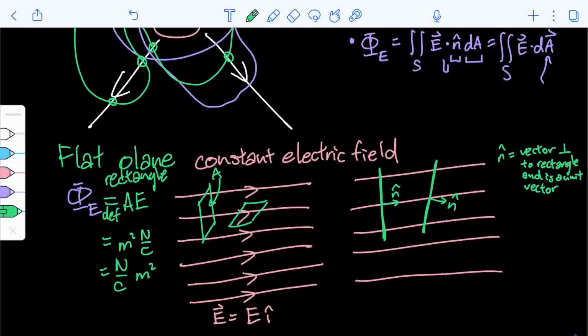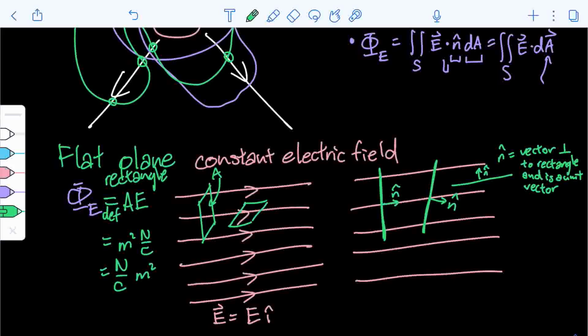And so this describes the orientation of the rectangle for us. In the most extreme case, if the n hat is perpendicular to the electric field, so if we have n hat pointing this way, then that means the rectangle is parallel to the electric field lines, which means that no electric field is going through the area.